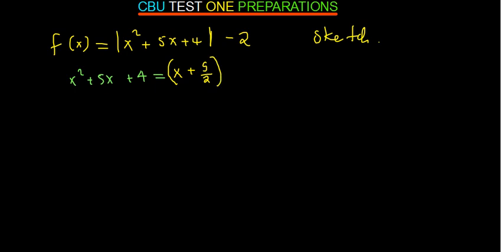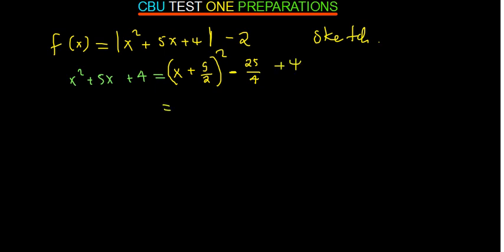Don't put x. Square that. And then always subtract this same number that you've written here, squared. 5 over 2 squared gives you 25 over 4. And then I write the 4 at the end, plus 4.